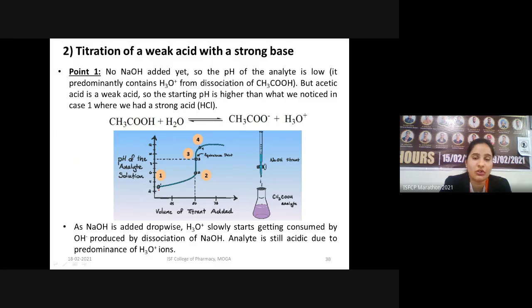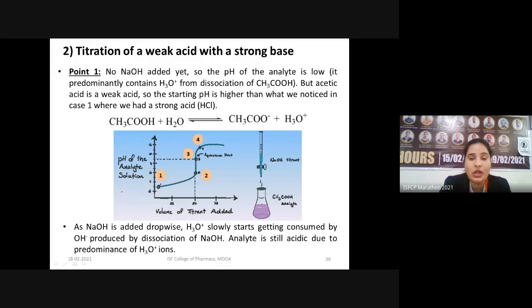Okay, so in the previous titration curve, point number 1 was present a little below because in that we had used HCl as the analyte. Since HCl is a strong acid, it dissociates itself completely into H positive ions. Hence, the medium was more acidic and the pH of the solution was low.